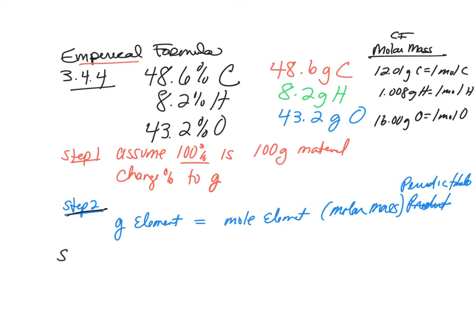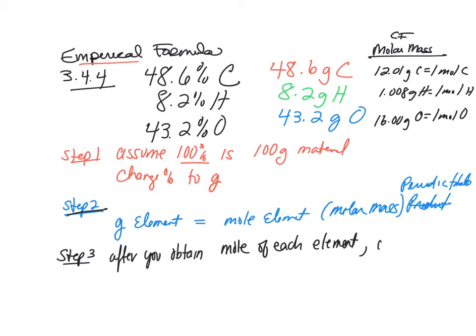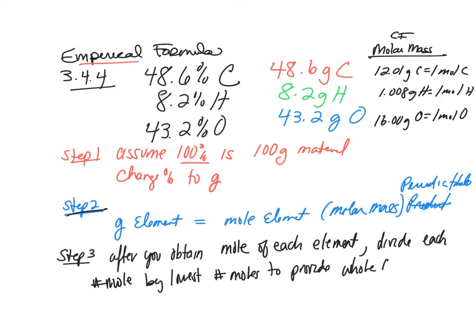And then step 3, after you obtain the mole of each element, divide each number of moles by the lowest number of moles to provide a whole number subscript. Because when we want empirical formula, we're looking for the subscript for the formula.